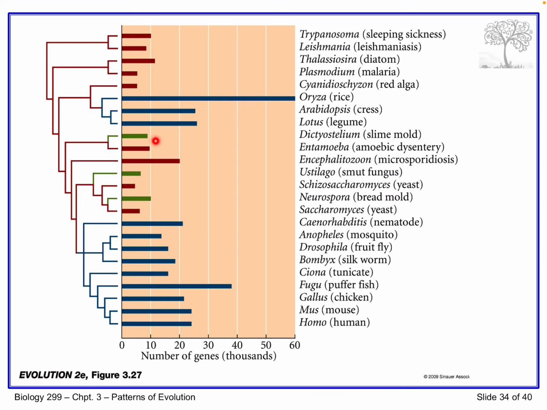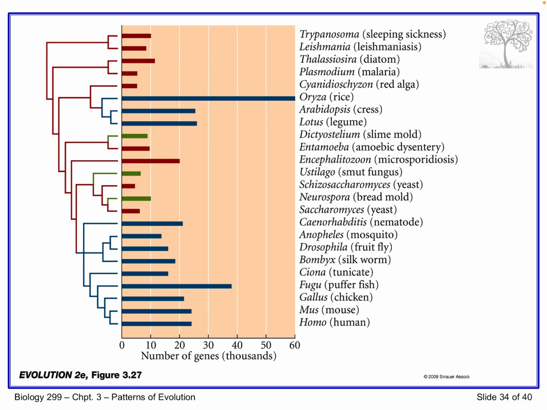The green is multicellular organisms without tissue organization, so things like slime molds and fungi, for example. And in blue, we have plants and animals. There does seem to be a bit of an expected relationship, where plants and animals have larger numbers of genes than slime molds, fungi, and single-cell eukaryotes.